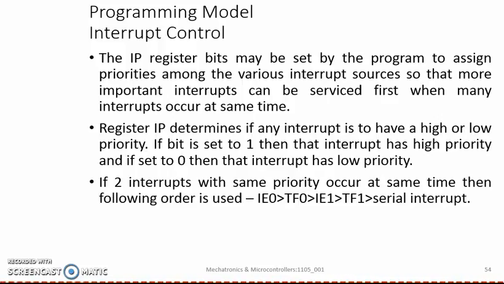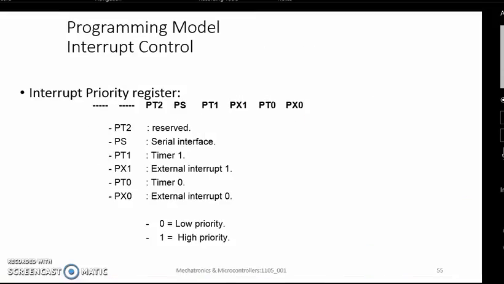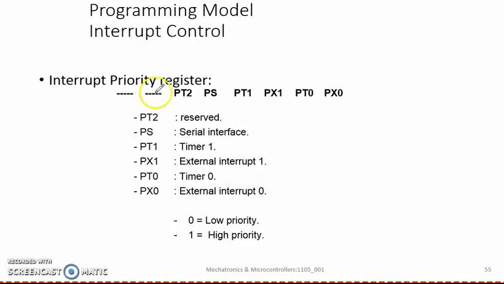If two interrupts arise at the same time, then the following order is used: IE0, external interrupt 0, timer flag interrupt 0, external interrupt 1, timer overflow flag interrupt 1, and then comes the serial interrupt.